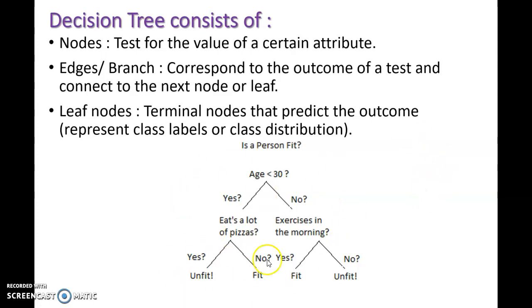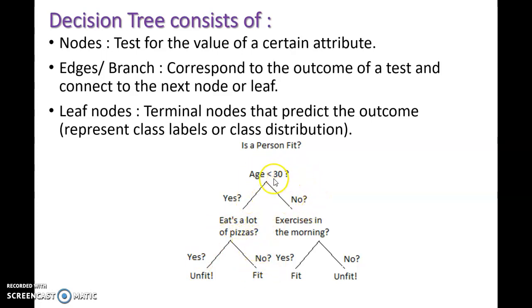Here in this tree, the question is whether a person is fit or not fit. Suppose age is less than 30: if yes, then ask about eating lots of pizza. Again, yes, it is unfit, lots of pizza; no, it is fit.